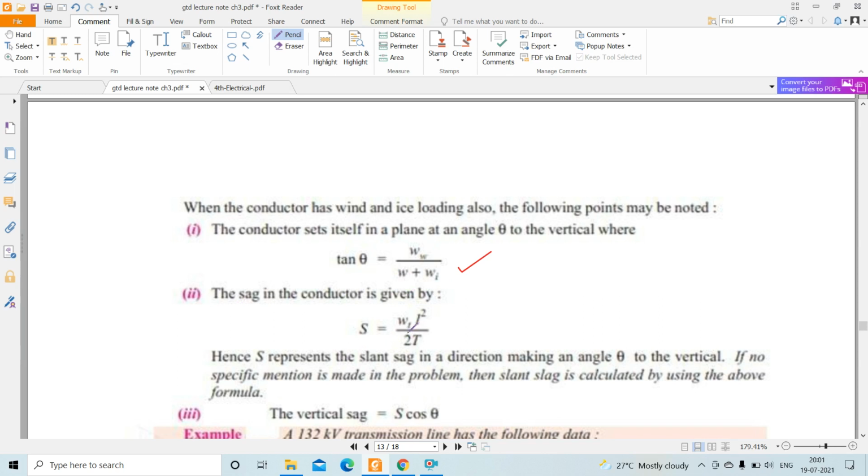And the sag in the conductor is given by S is equal to Wt into L square by 2T. Here Wt is the resultant weight, and S represents slant sag, in the direction making an angle theta to the vertical. If no specific mention is made in the problem, then slant sag is calculated using this formula: slant sag is equal to Wt into L square by 2T, and the vertical sag is equal to S cos theta.